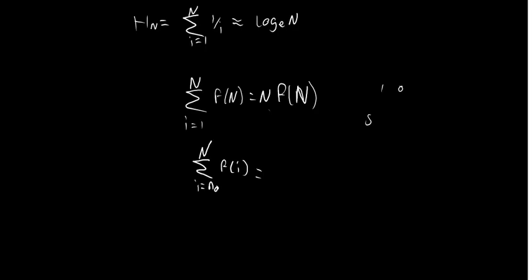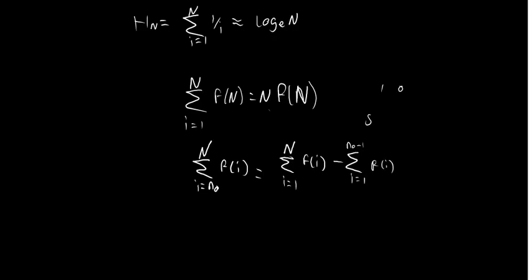So we say the summation up to n with i equal to 1 of f of i, minus the summation up to n naught minus 1, with i equal to 1, of f of i.